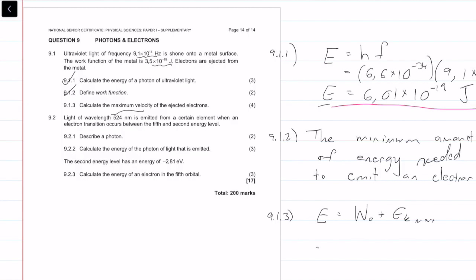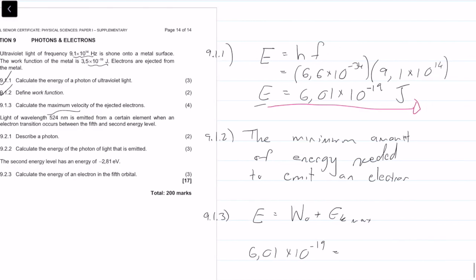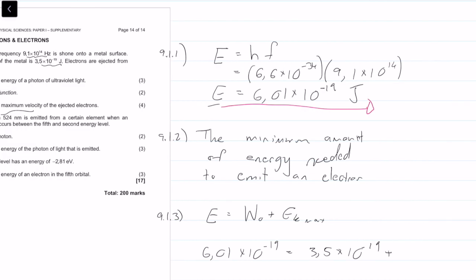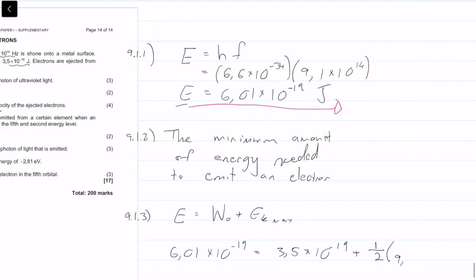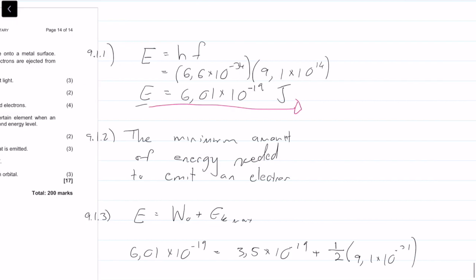So E is 6,01 times 10 to the minus 19, which is equal to 3.5 times 10 to the minus 19 plus EK. EK is a half times the mass of an electron, which is 9,1 times 10 to the minus 31 from our formula sheet, so it's equal to a half mv squared.